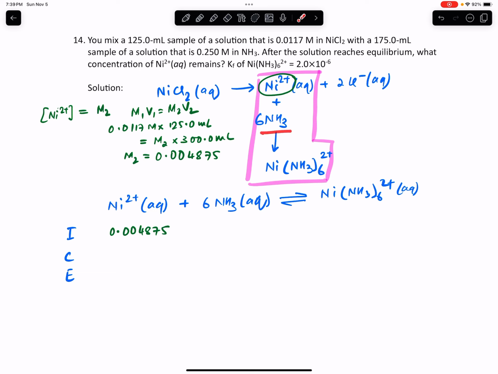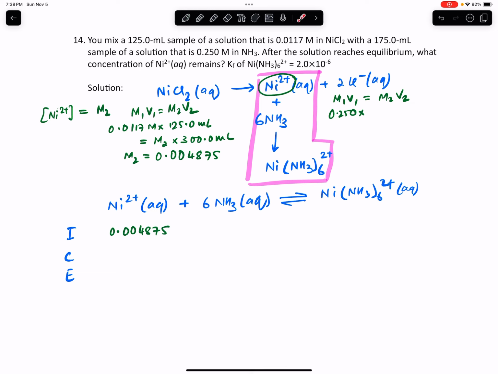Once we figure that out, the next step is to calculate the initial concentration of ammonia. For that, we'll use the same formula, M1V1 is equal to M2V2. The initial concentration of ammonia given to us is 0.250, so that's M1.